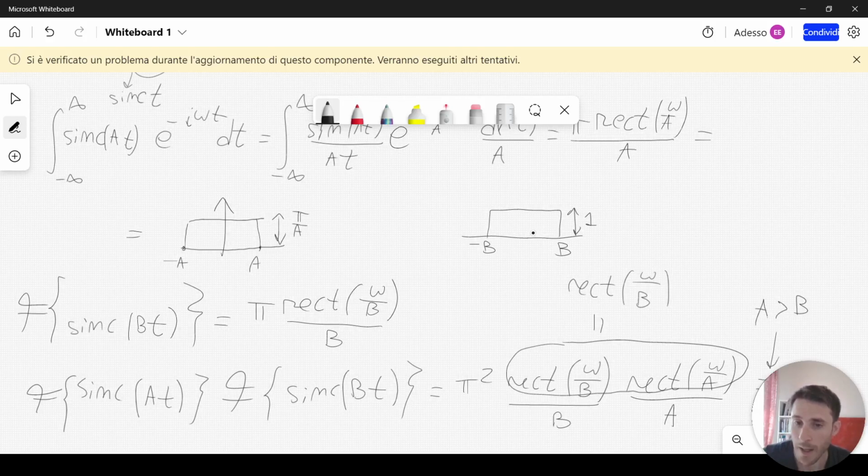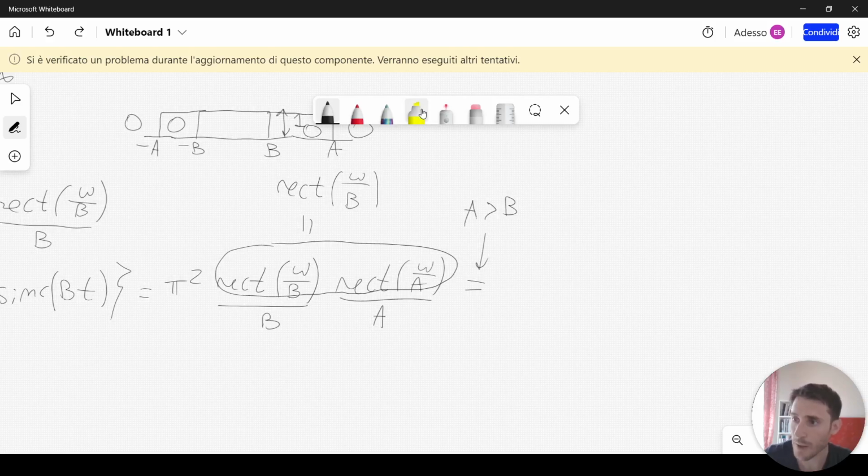And if you plot the rectangular function of omega over a, since a is greater than b, you go from minus a to a, like this. When you multiply them together, you simply get this, because this function is equal to 0 here, here, here, here. So you're just going to get back the rectangular function of omega over b. Basically, this will give you pi squared divided by a, and then the rectangular of omega over b divided by b.